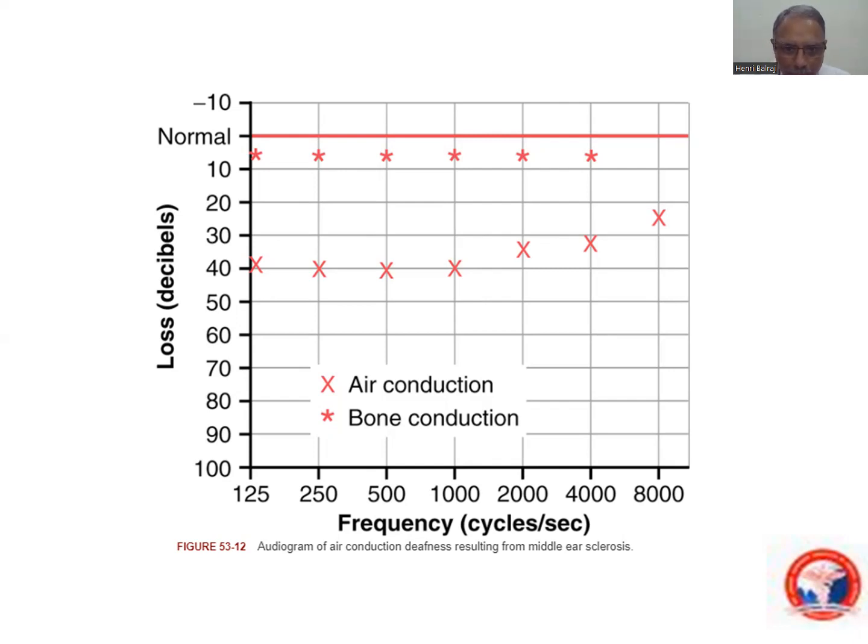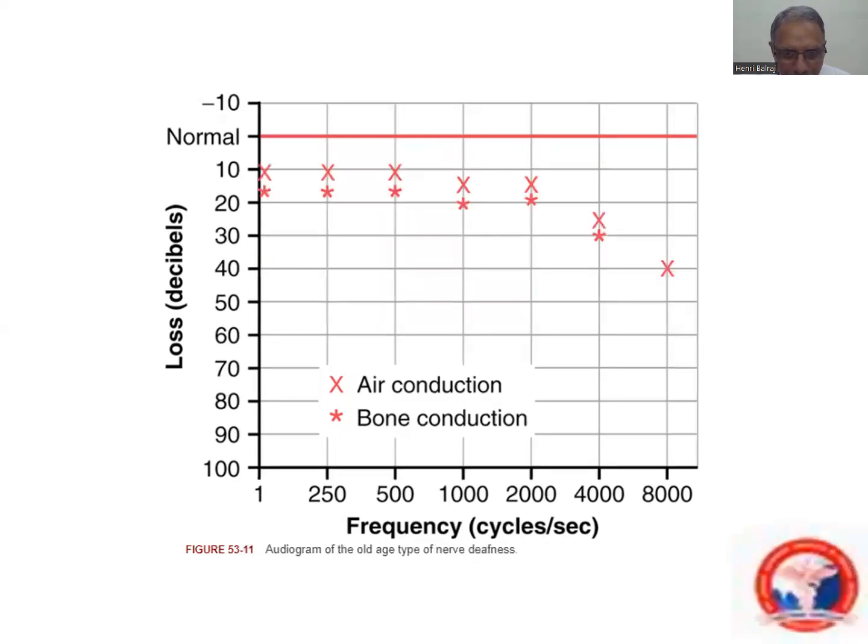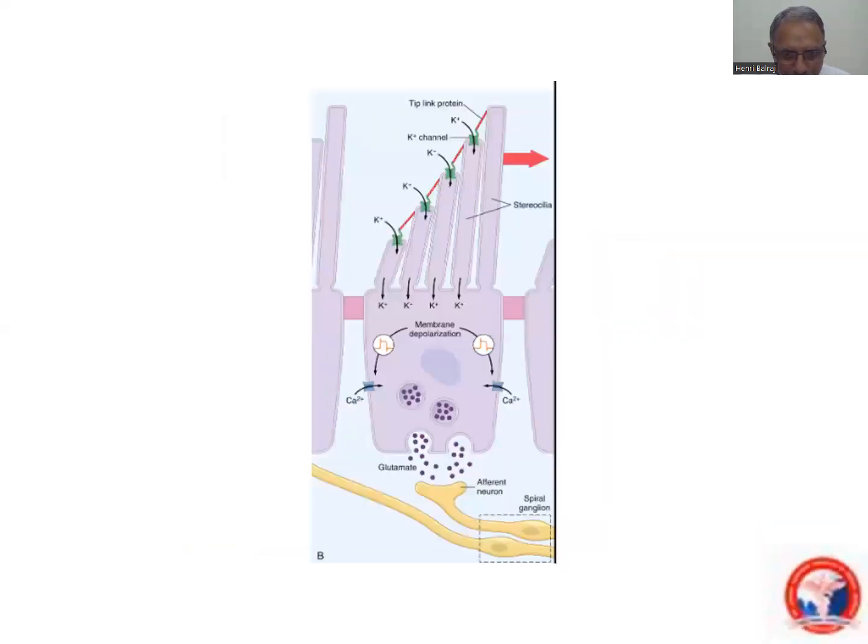So we could go back to see that influx of potassium occurs here when the movable part of the hair cell, that is the stereocilia, move towards the tallest of the stereocilia.